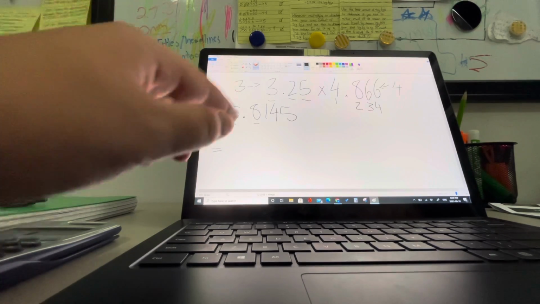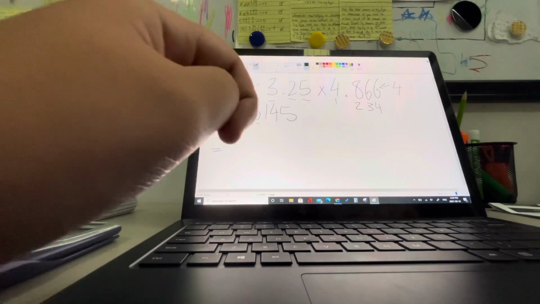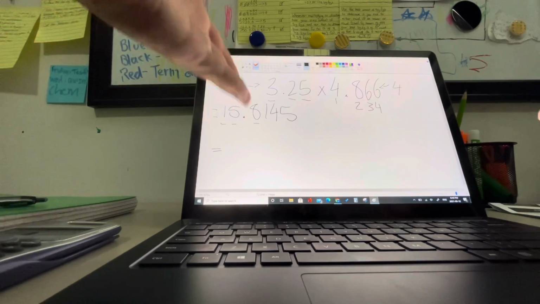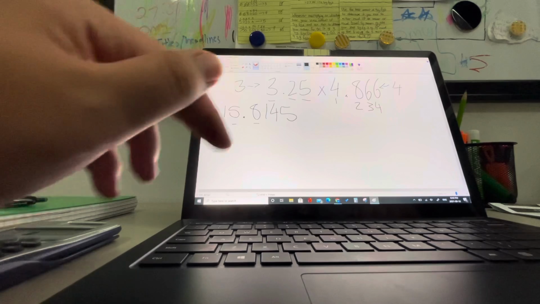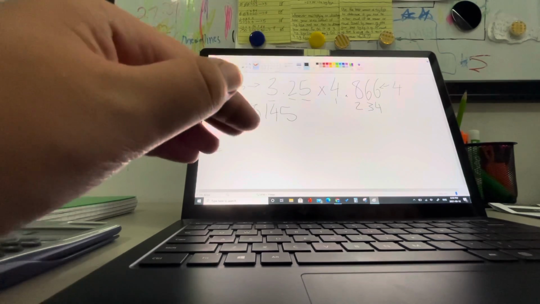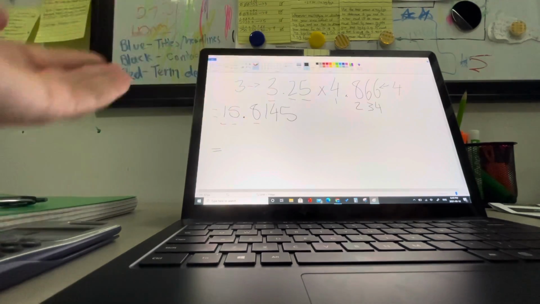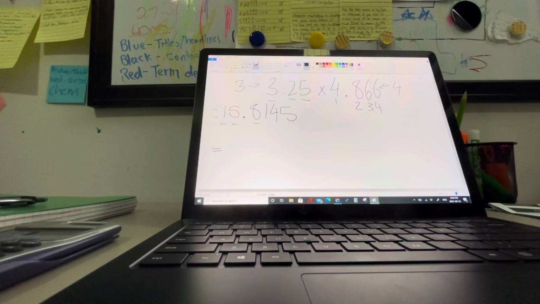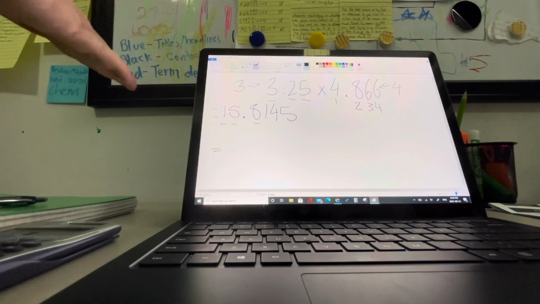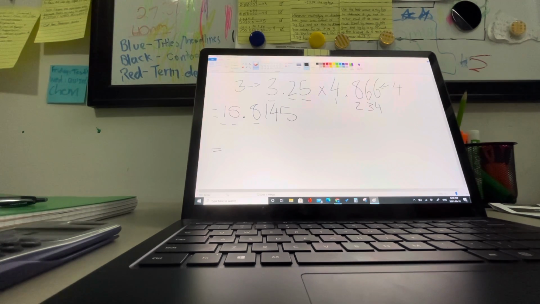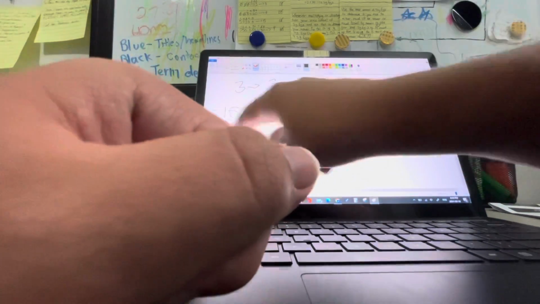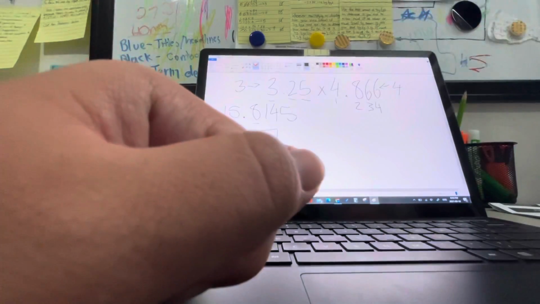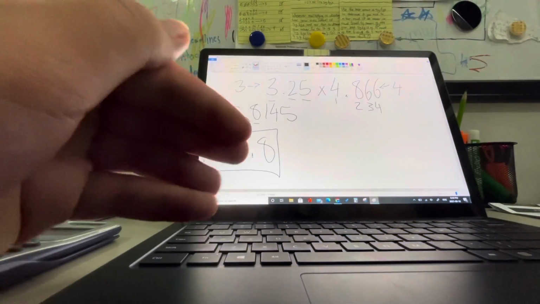Now, to simplify, we ask the 1 if we could round that 8 up or round the 8 down, stay in the spot. Now, since the 1 is not 5 and up, we can't round the 8. But if it's 4 and lower, then it stays in its spot. It stays as 15.8. That is how you do the multiplication of sig figs.